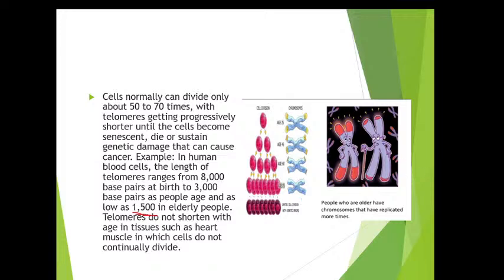Here you can see the chromosome of a baby or a child, but as the age advances, the telomere will be shortened. That is the reason why muscle tone lessens.